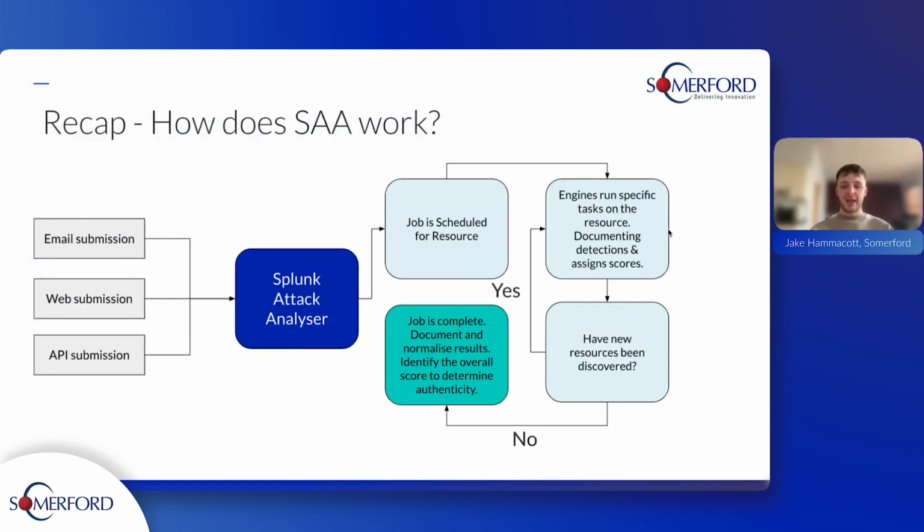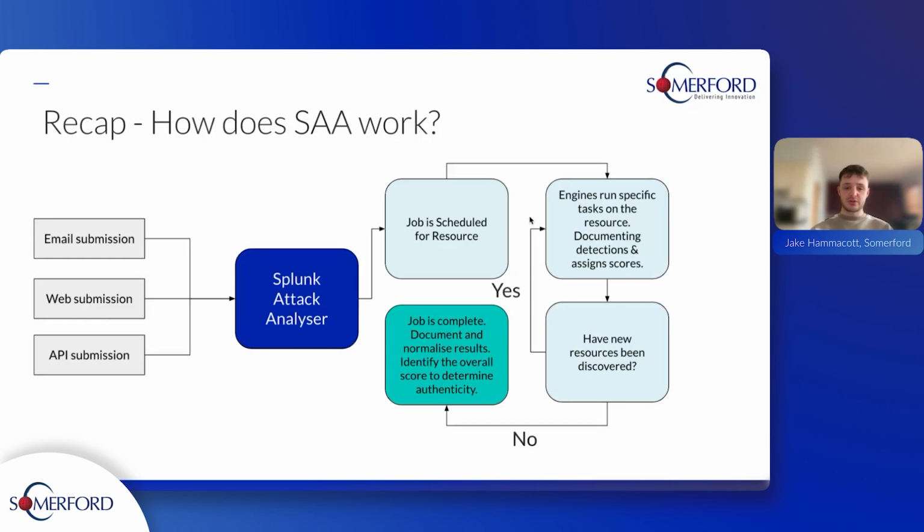Inside that job, engines are going to run engine-specific tasks on specific resources, where it's then going to document detections and assign scores. From there, it's going to have a look and see if any new resources have been discovered. So maybe I uploaded an email that I thought was phishing, and inside that email was a link to a website.